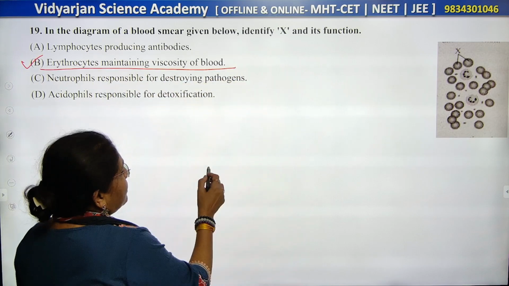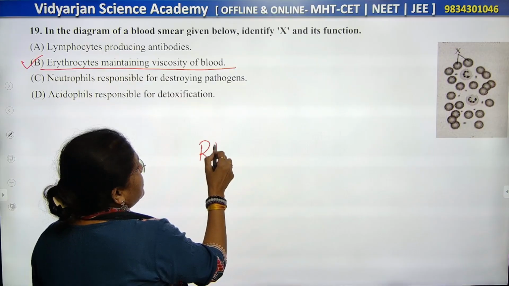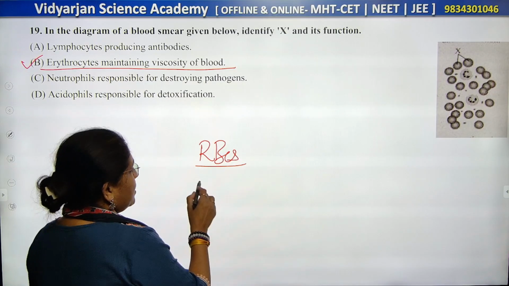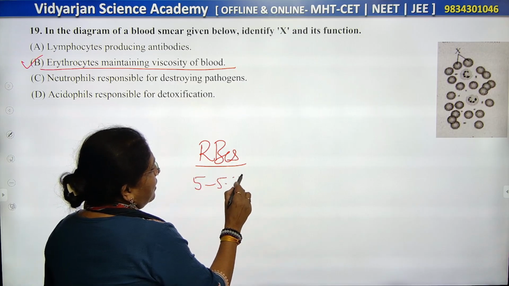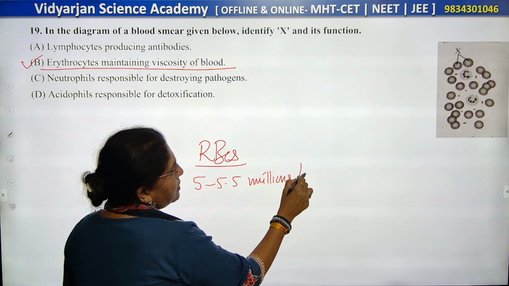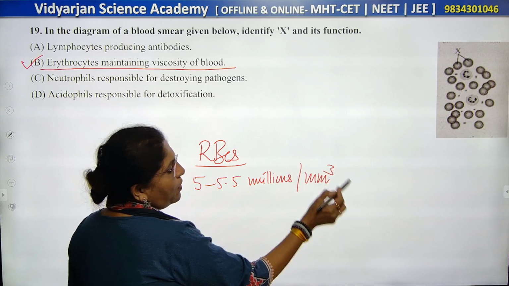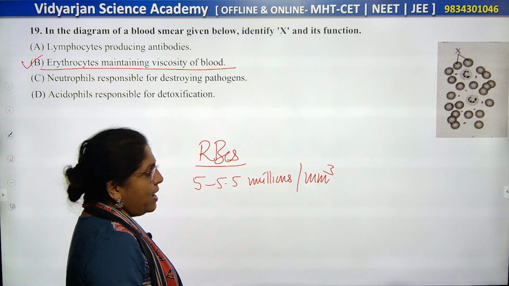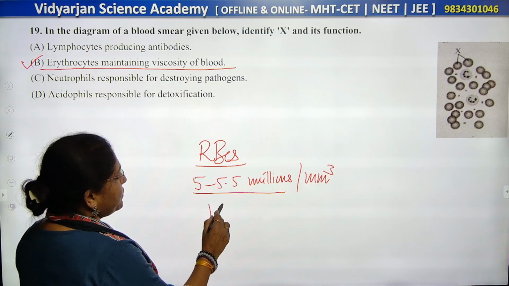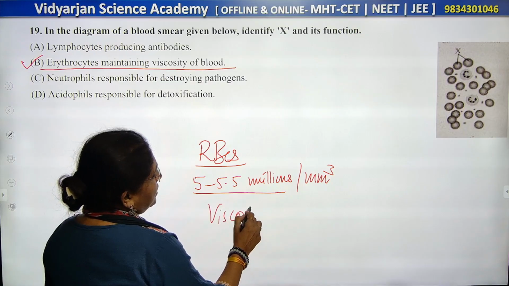You know that these are nothing but RBCs. Erythrocytes are RBCs, right? How much is the concentration? 5 to 5.5 millions per cubic mm of the blood. And as such a huge concentration you are getting, that gives you the viscosity to the blood.